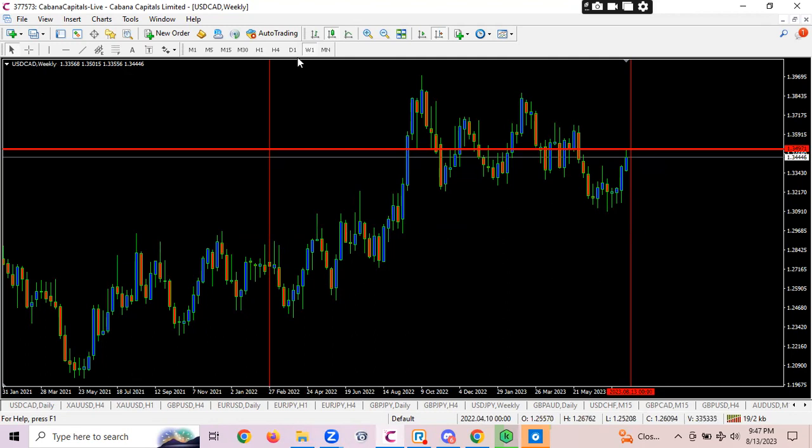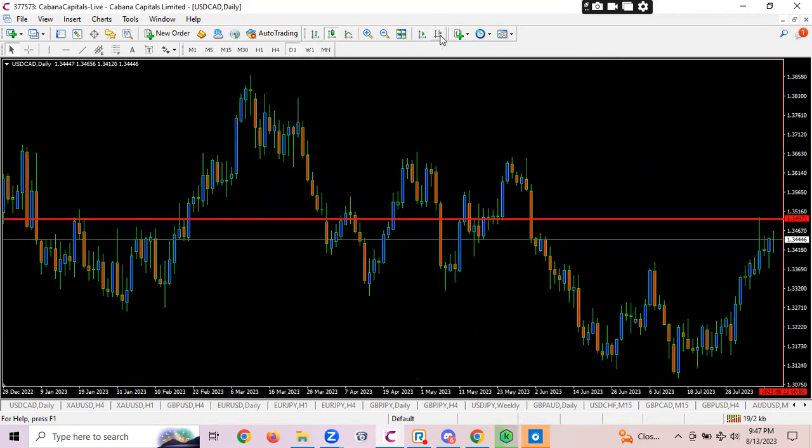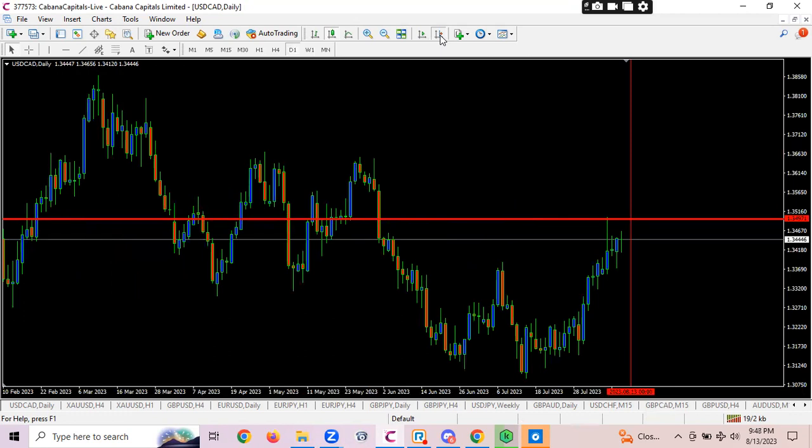So let's go down to daily. What do we have on daily? Last week's candle closed as a doji. Can you see that? And if you go back here, can you see what we had here? This is a resistance.